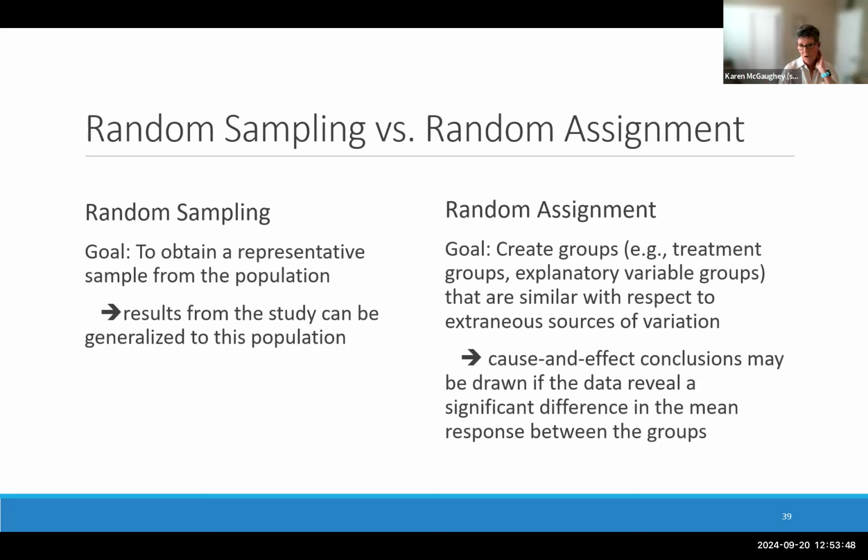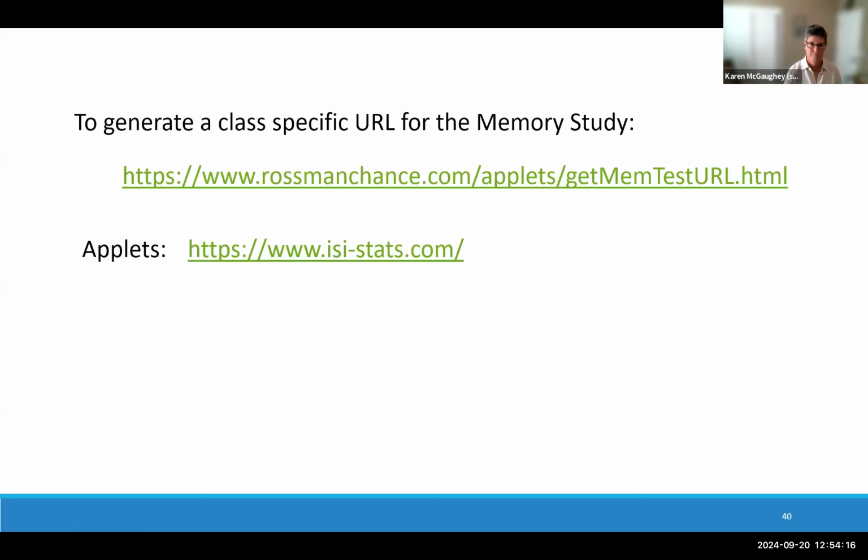In random assignment, our goal is to create groups, treatment groups or explanatory variable groups, that are similar with respect to the distribution of extraneous sources of variation, so that we can draw cause and effect conclusions if the data reveal a significant difference in the mean response between the groups, or in the proportions for the two groups, whatever type of response variable you're working with.